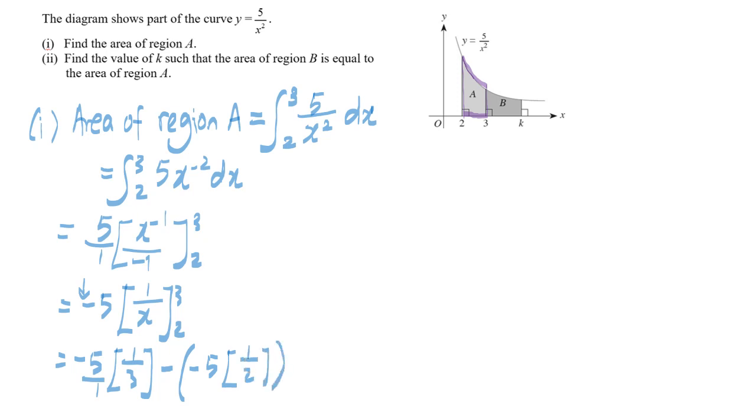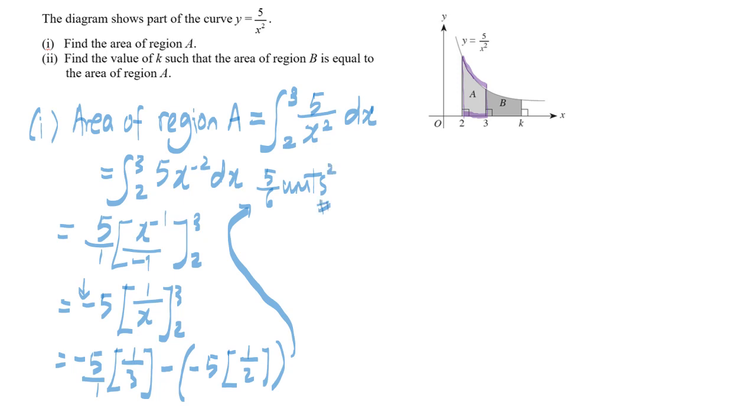Right, and this, just be very, very careful. You can just use a calculator to help you get the answer. Just make sure you punch it into the calculator carefully. So that will be negative 5 times fraction 1 over 3 minus bracket negative 5 again times fraction 1 over 2, close the bracket, and you get 5 over 6 units square. Right, so that is part 1.